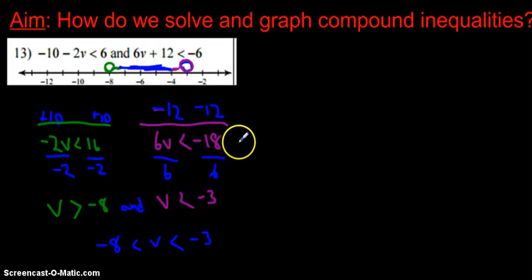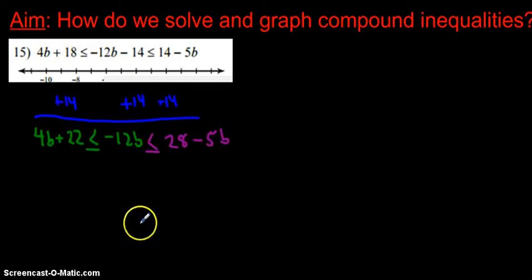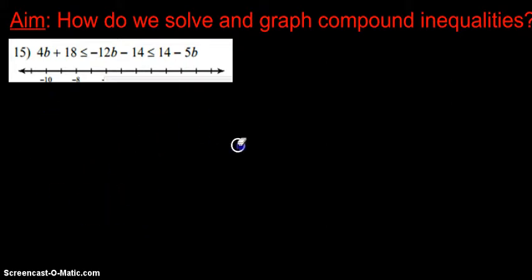Alright, let's take a look at another example. Last one. Here's what we're going to do. Because these share the same center, these can be written as two different inequalities.